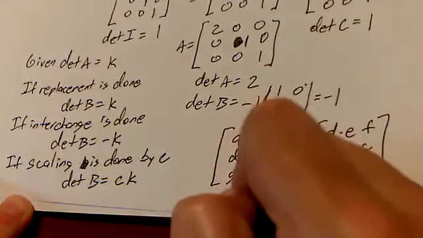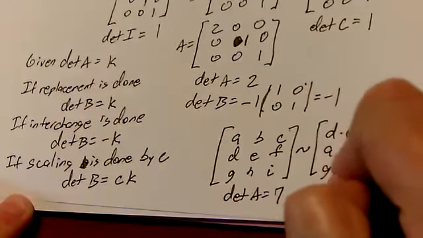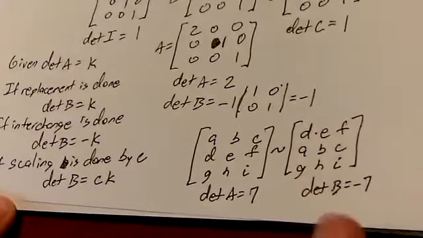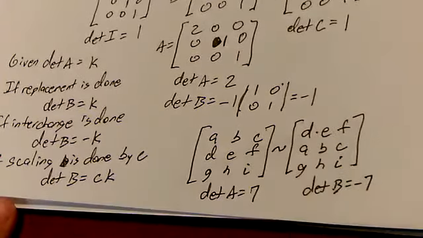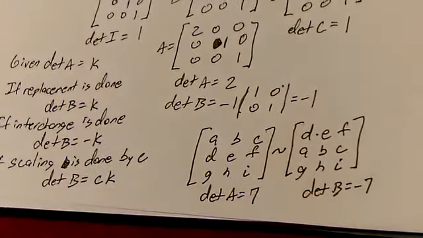So if the determinant of A is equal to 7, then the determinant of my new matrix B would be negative 7, because I did one interchange operation. I switched row 1 and 2. So that's going to flip the sign to be negative. And remember that all these determinants fit in with these same properties, these same techniques, and so forth.